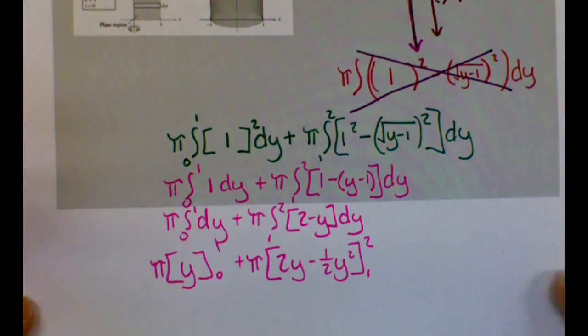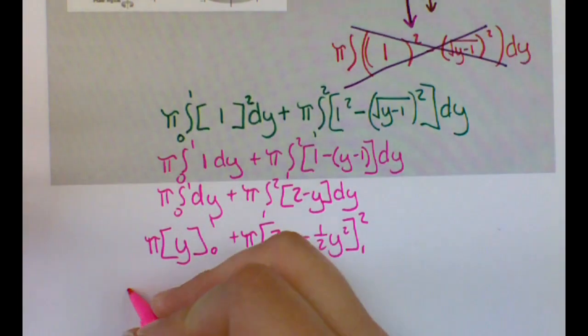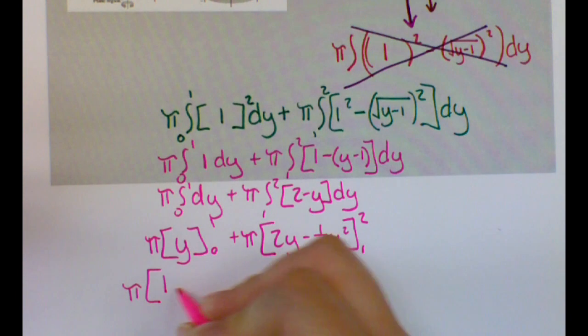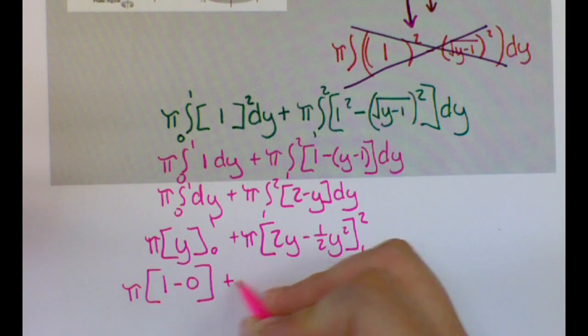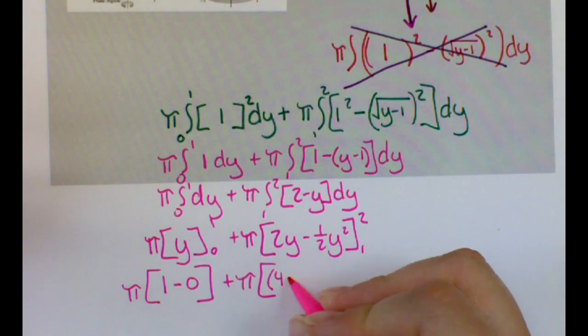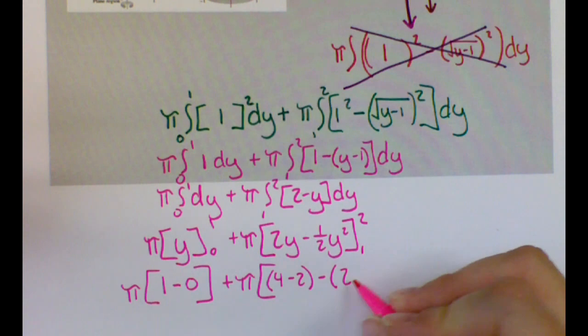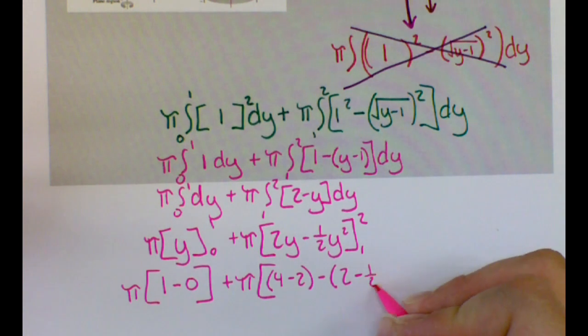All right, pi times y from 0 to 1, we take 1 minus 0, plus pi times, if I plug in 2 here, I get 4 minus 2, minus, plug in 1, I get 2 minus a half.